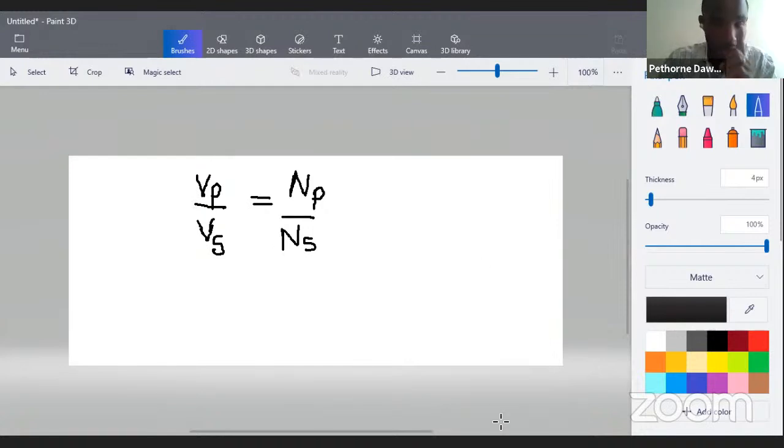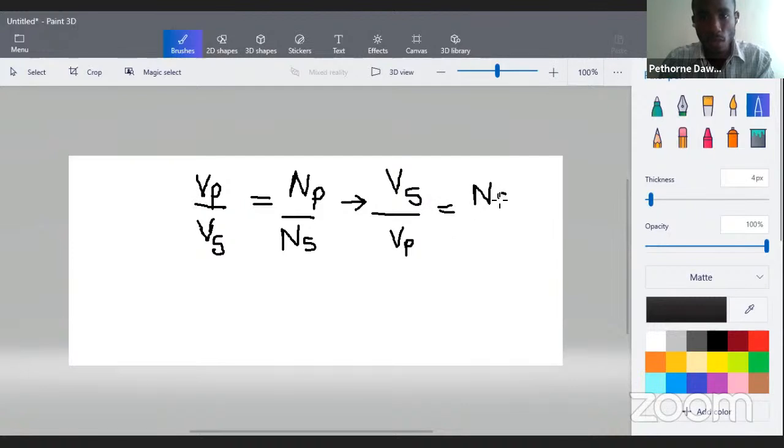But your graph, and this is important, plotted Vs versus Vp, which means your gradient would be Vs over Vp. So we have to invert this. If we invert it, we get Vs over Vp equals Ns over Np.